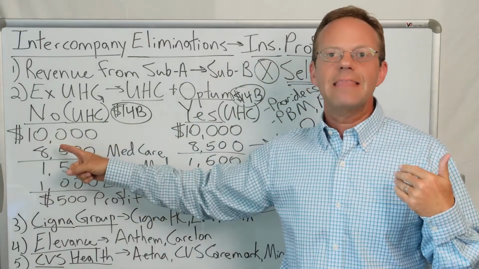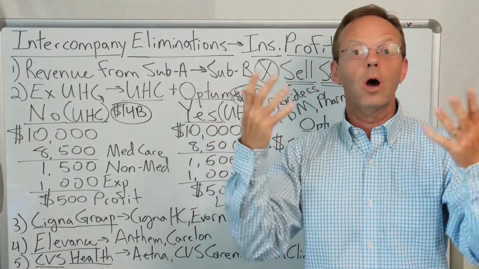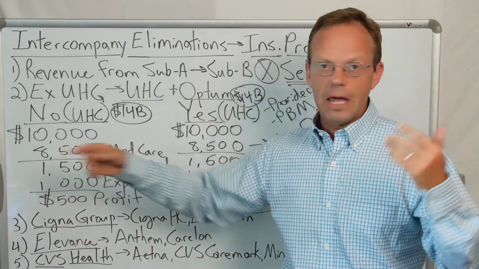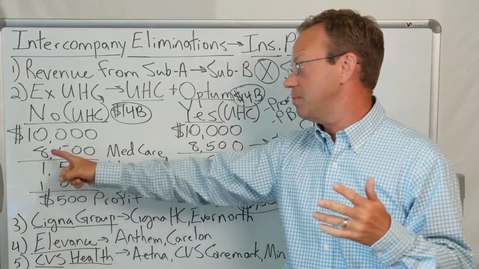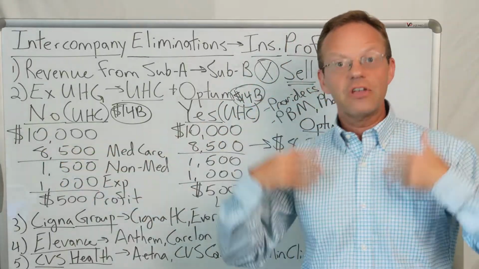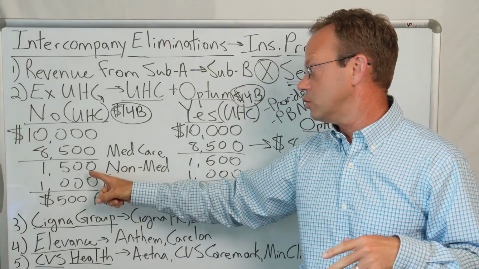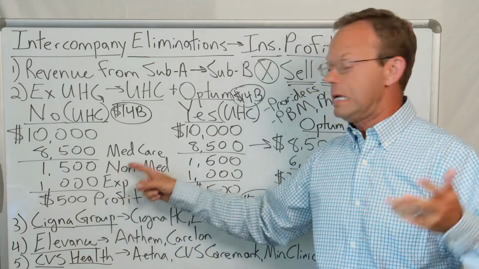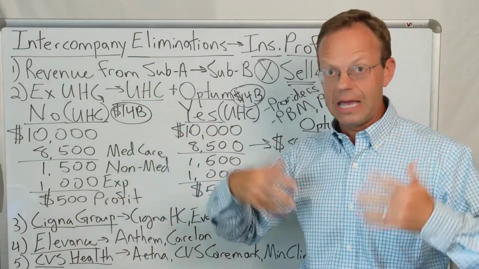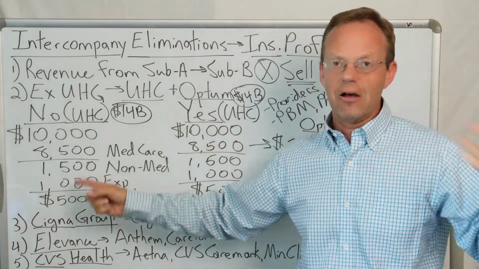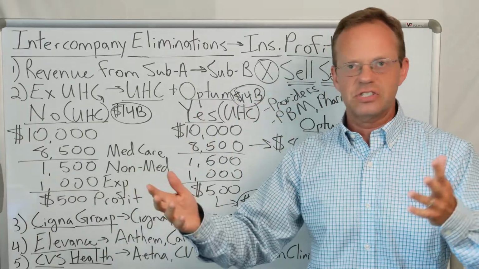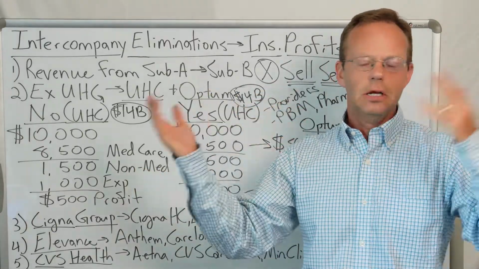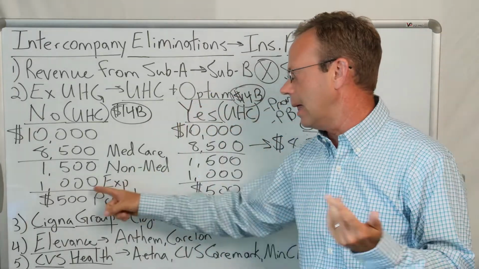Let's say they get $10,000 of premium for one particular individual. Then per the medical loss ratio, they need to spend $8,500 in medical care for that individual, which would leave $1,500 in non-medical care that United Healthcare can retain. Let's say they had $1,000 of expenses for paying their salespeople, commissions, adjudication, and so on.